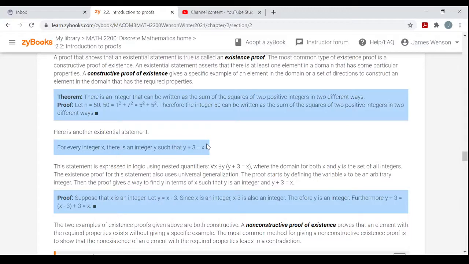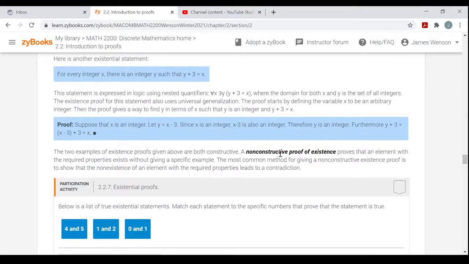There are also non-constructive proofs of existence, where it just shows you that the element must be there. It just demonstrates that there must be an element in the domain that satisfies the statement, but it doesn't give you specifically what it is.